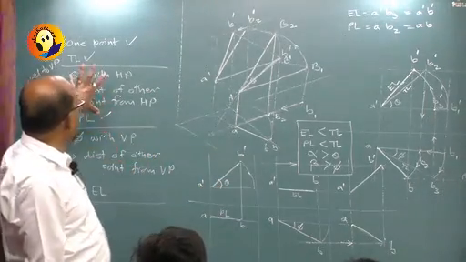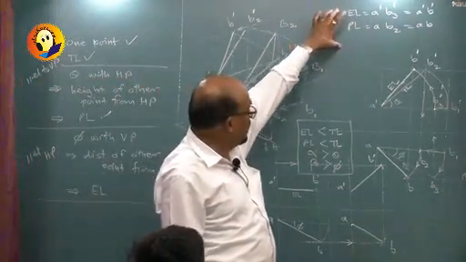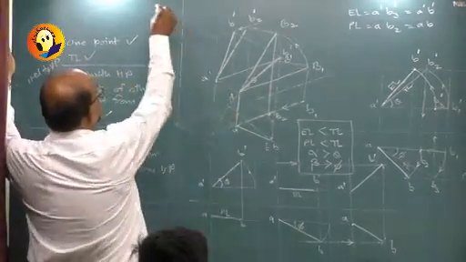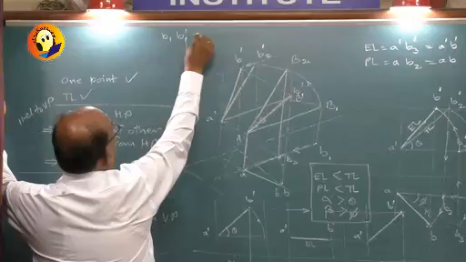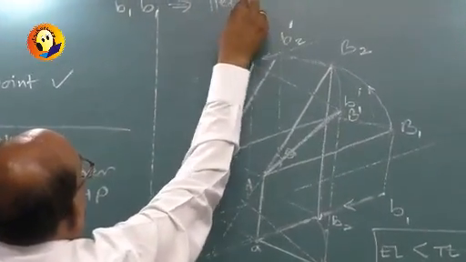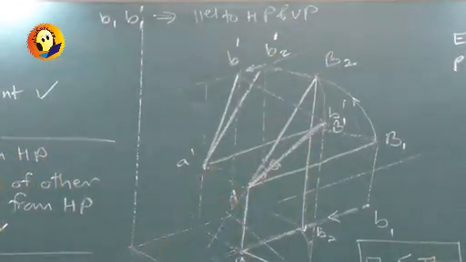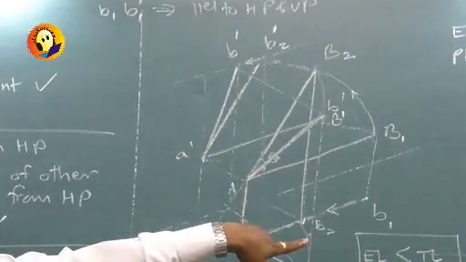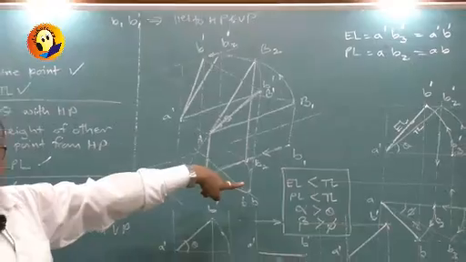So I will retain this on the board. I want you to take down 1 point, second point, this thing, this thing. Our naming is always B1, B1 dash are parallel to HP and VP is our notation that I have used. So A dash B1 dash and A B1, these are both true lengths and line is parallel to HP and VP.